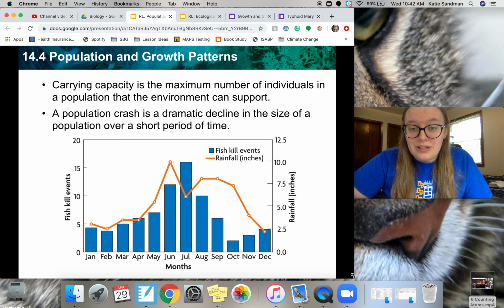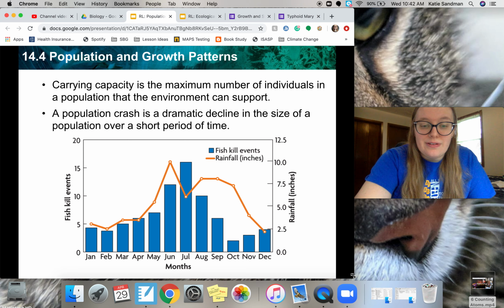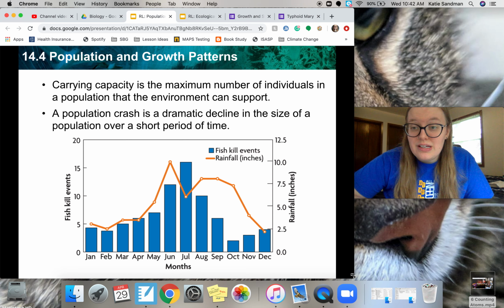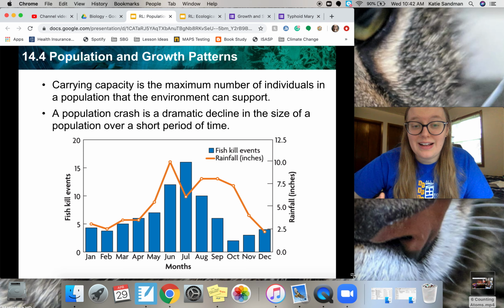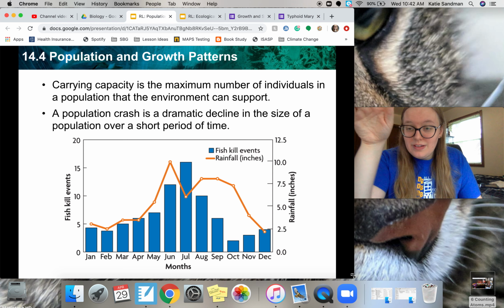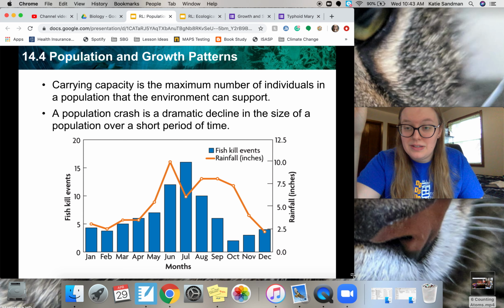That correlates to the rainfall. The rainfall from January up until June is on an upward trend, and then in July the rainfall declines dramatically. Because of that, the fish population also declines. Usually a population crash happens after some sort of exponential growth.